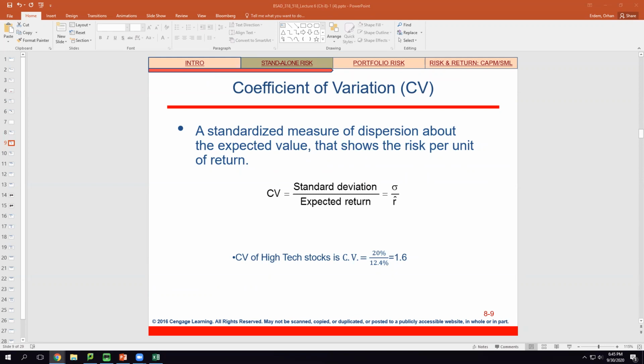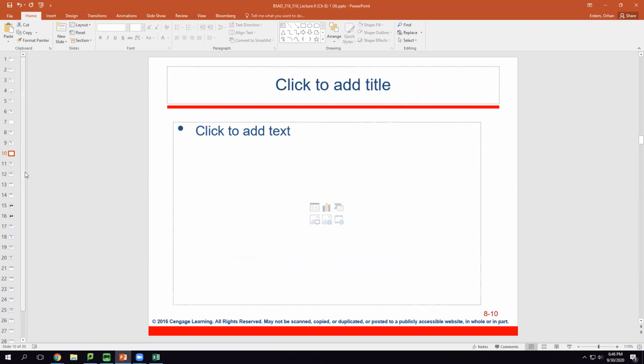Let me again give an example. Assume there are two stocks, stock A and stock B. This is expected return, and this is standard deviation.